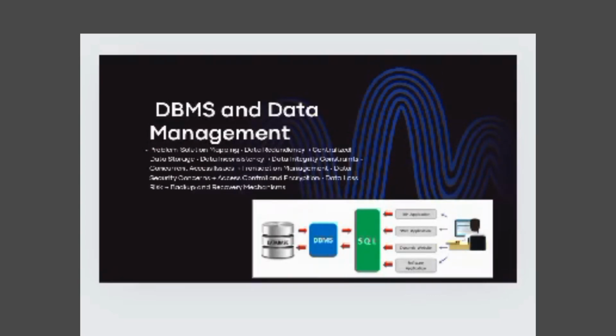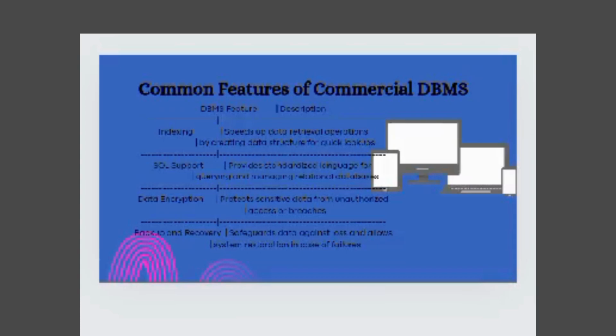What we'll be covering next are the common features of commercial database management. Indexing is one of those features, and this speeds up data retrieval operations by creating structures for quick lookups. The next feature is SQL support.